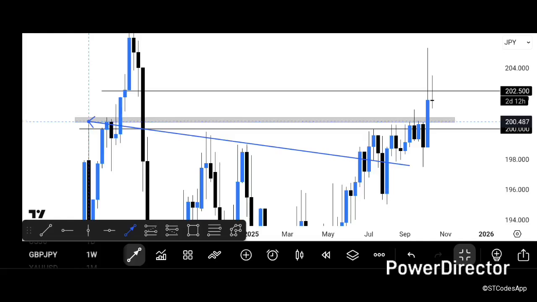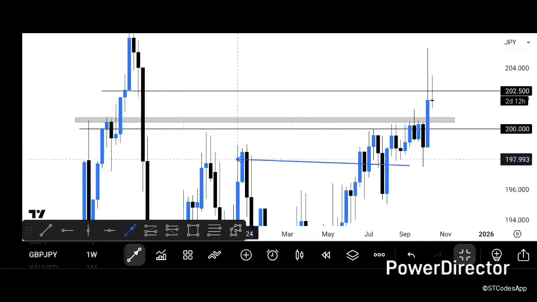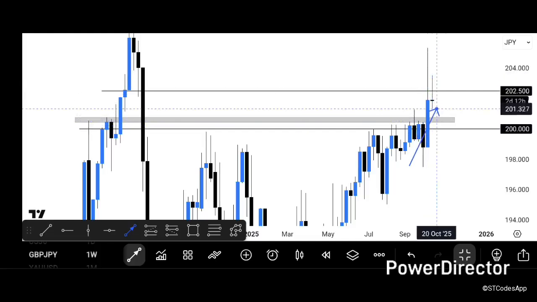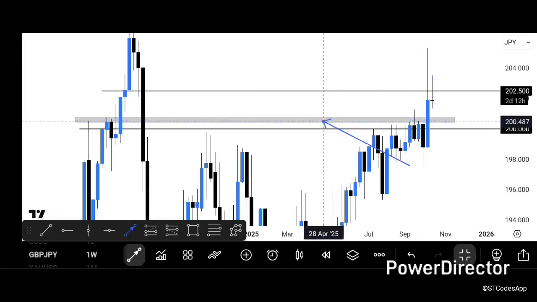When price came to this area, it rejected one, two, and three times. So this is a strong resistance zone, which now since price is above it will be a support zone if it comes back to it. If it comes back to this zone and respects it, it will be a support zone. So that's why we have this support zone now.